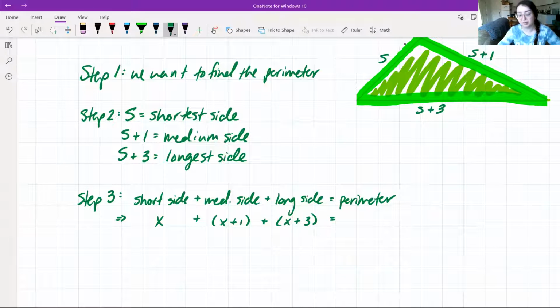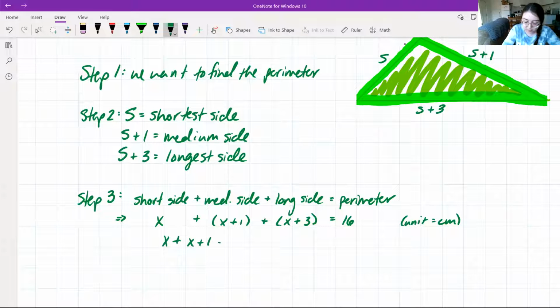And our perimeter was 16 centimeters. We're going to leave the units off. We can say here unit equals centimeters. We just have to remember to put it back in at the end. So we have our equation. Our equation is going to be x plus x plus 1 plus x plus 3 is equal to 16.